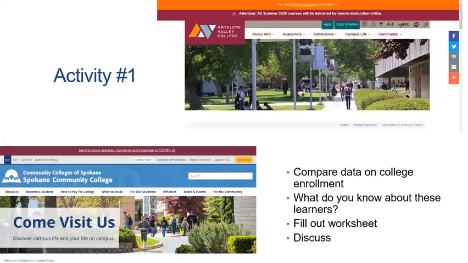It seemed to me, as a general impression, that Antelope Valley has their bread and butter in associate programs, almost getting to the point of promoting people to get their bachelor's, but really focusing on associates. Spokane does that too, but it seems like they're really focused on getting folks into the workforce and having programs that prepare folks for specialized work.